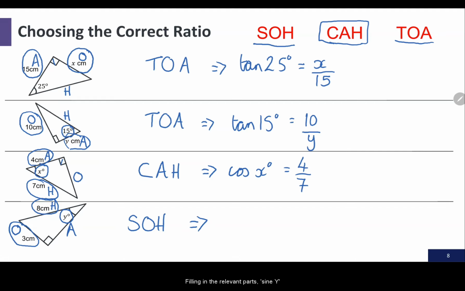Filling in the relevant parts, sine y would be equal to O divided by H, which is 3 divided by 8, like that. So when we are solving right angle triangle trigonometry, the first step is to label the sides, then the next step is to choose the correct ratio.